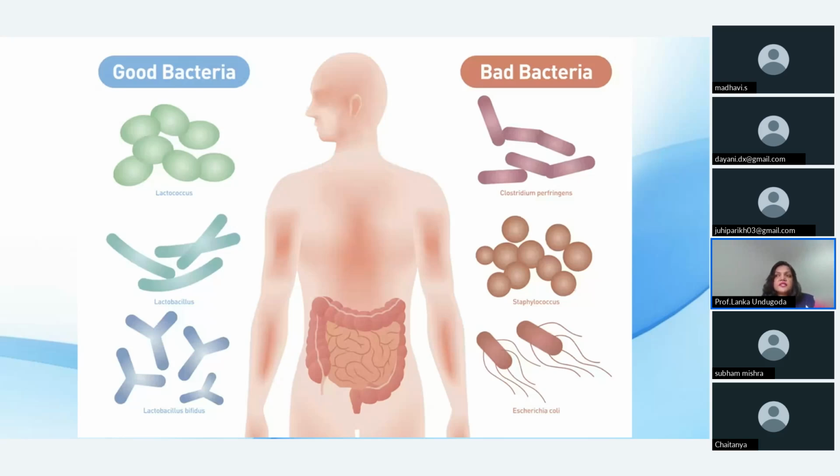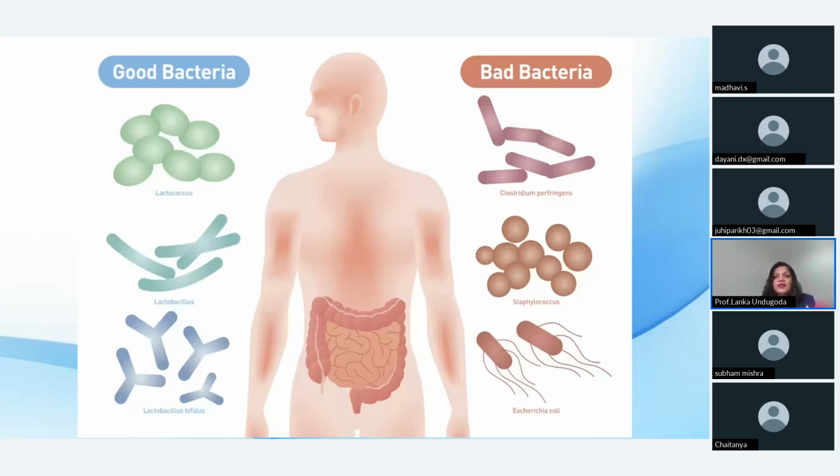After continuous antibiotic doses, it will destroy bacterial communities in there. As a result, sometimes you get depression, sometimes high anxiety. Why? Your serotonin and dopamine levels drastically reduce because of this imbalance.